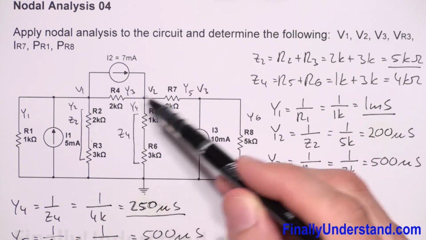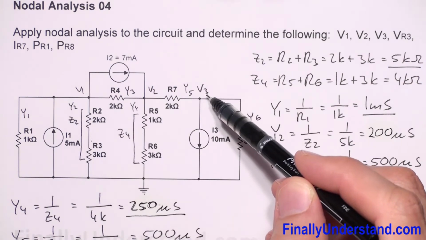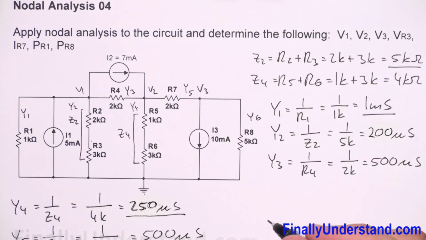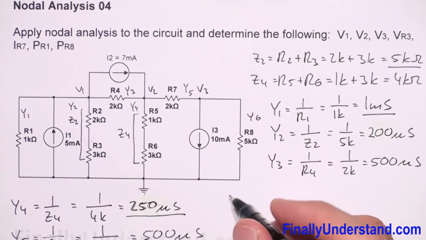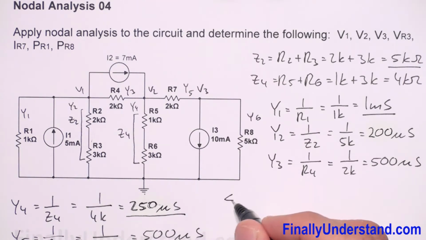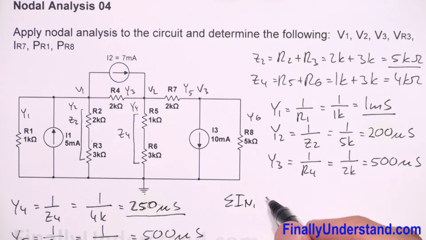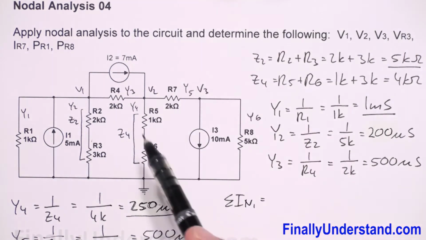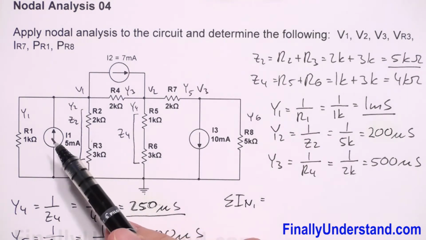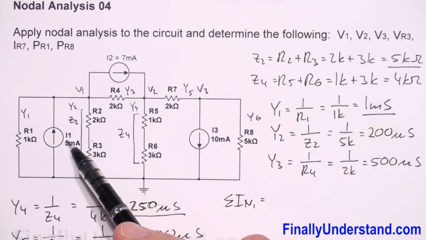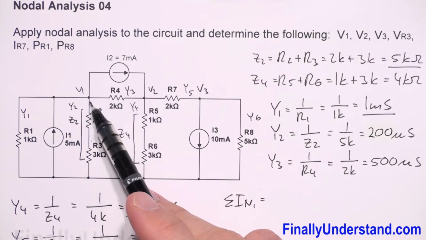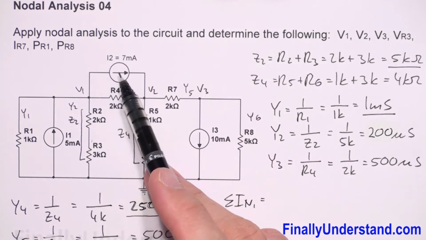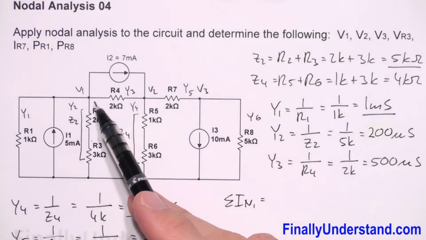nodes. I mean V1, V2, or V3. So now let me write the formula first. Sum of the currents going to or leaving node 1. This is equal. Please notice that current source I1 is connected to node 1, and current source I2 is also connected to node 1.